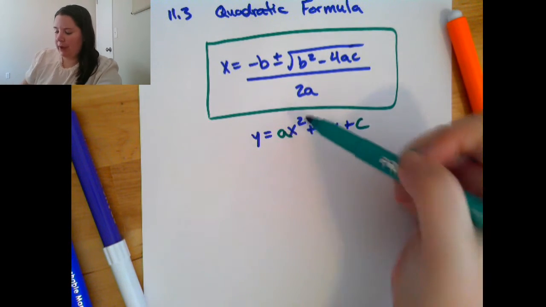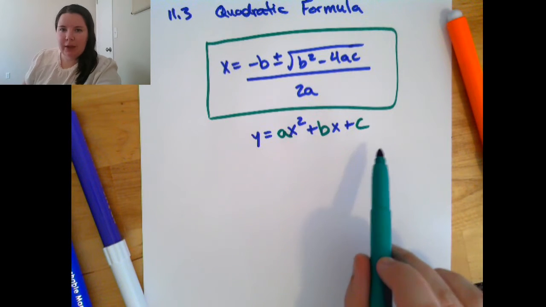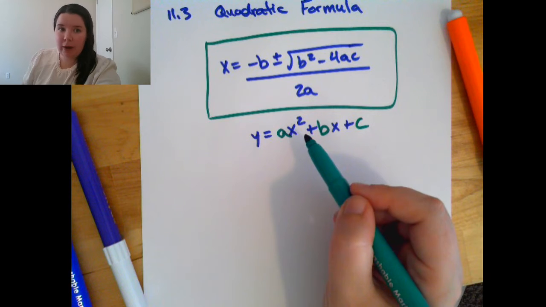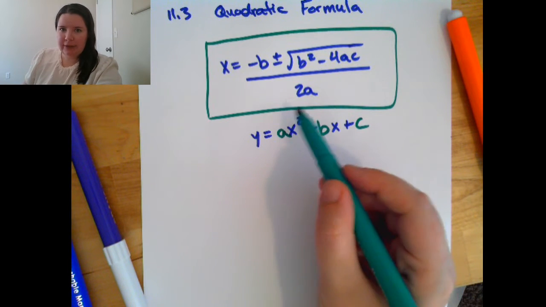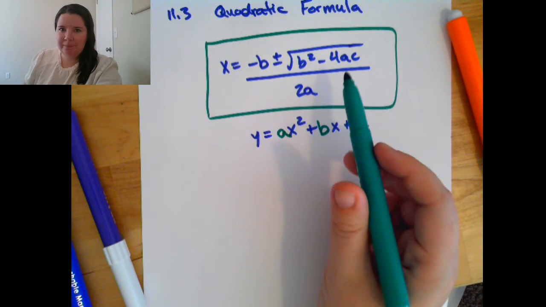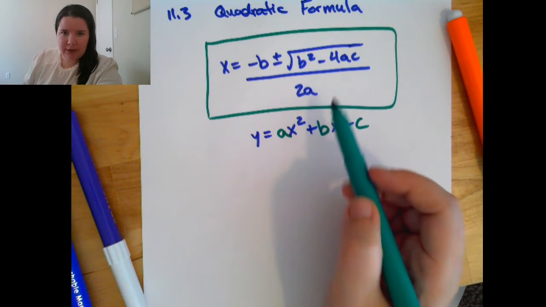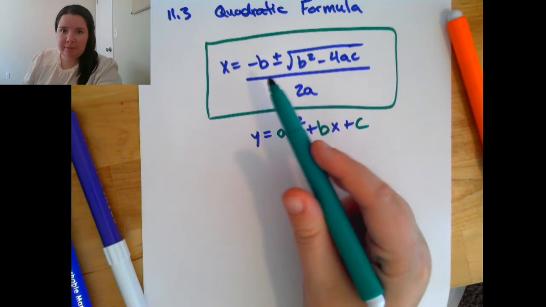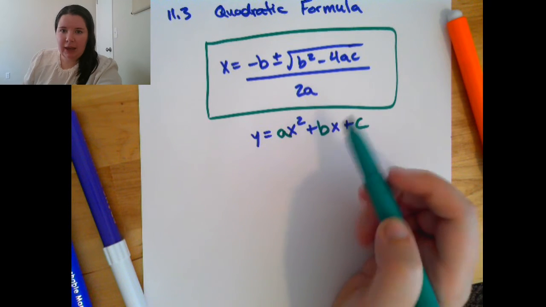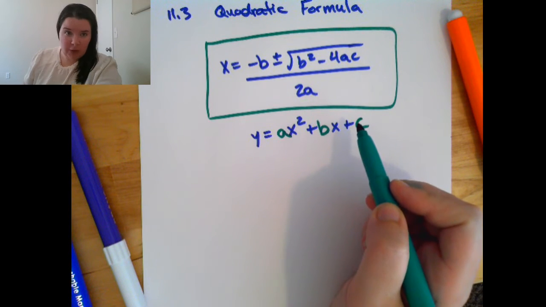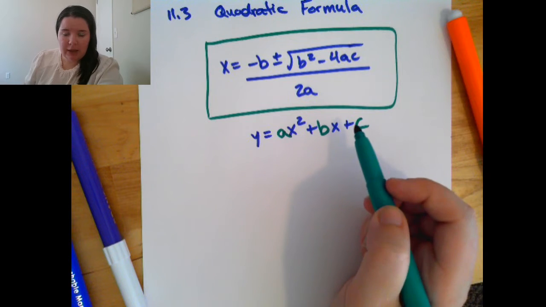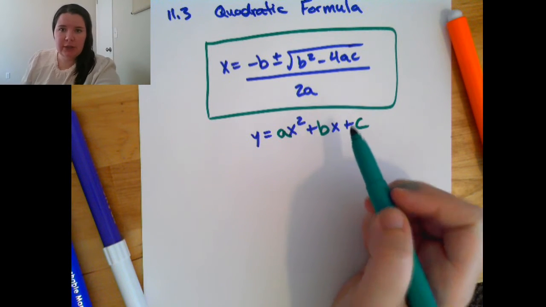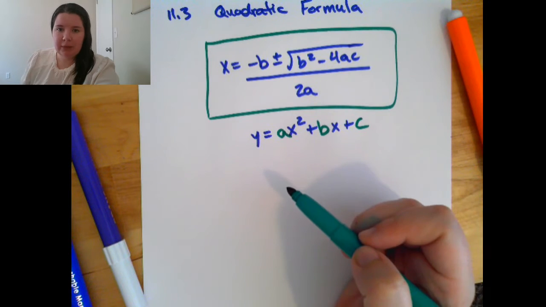So when you have your standard form, you're just looking, whatever number is in front of your x squared piece, that's what you plug in for a. Whatever number is in front of your x piece is what you plug in for b. And whatever number, if you have one, is right here on the end with no x attached, that's what you plug in for c.